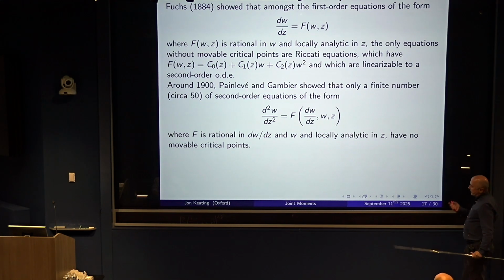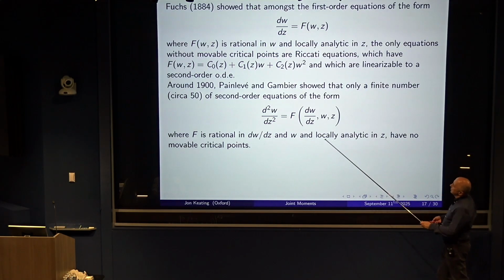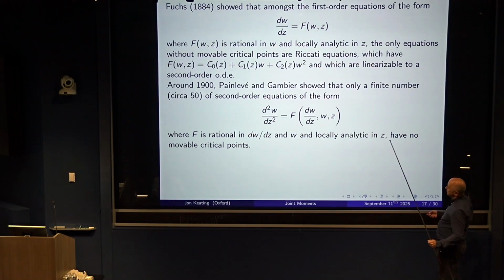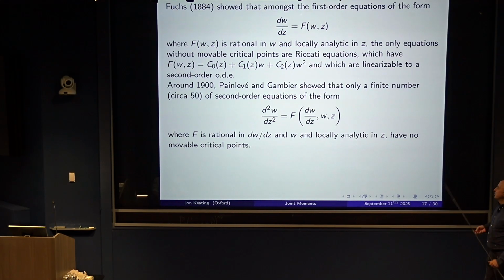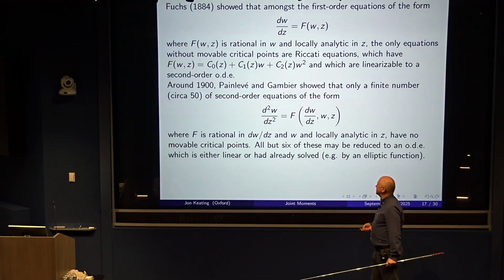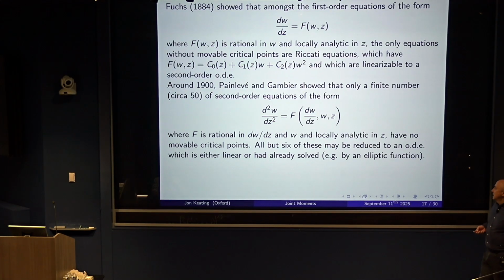There is a precise, clear number of second-order nonlinear ODEs with the property that they have no movable critical points, that in modern parlance are integrable. Of these roughly 50, most had already appeared in the literature. They were expressible in terms of more elementary functions. But 6, it turned out, were completely new. The solutions weren't expressible in terms of elementary analytic functions of the kind that had been studied before.